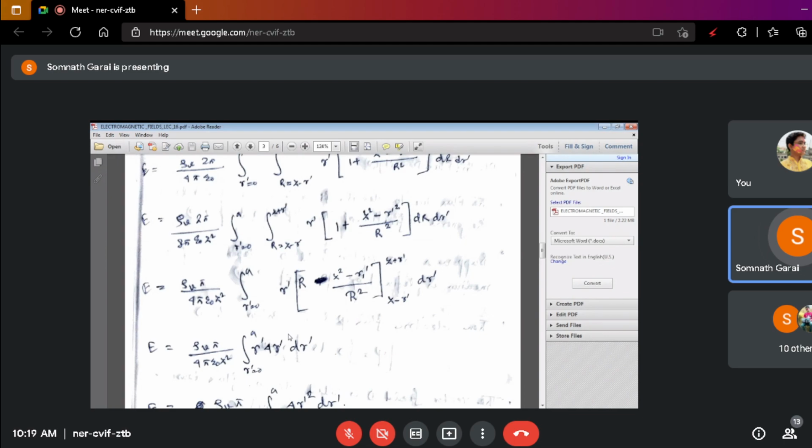And the integration of z square minus small r dot square, this will be constant, so integration over dr by capital R square will be minus 1 by r, that's why that is integration over r minus z square minus small r square divided by capital R. Now we put the value of upper limit, that is z plus r dot, and lower limit z minus r dot, and if we calculate it then we get this integration value is equal to 4 r dot.